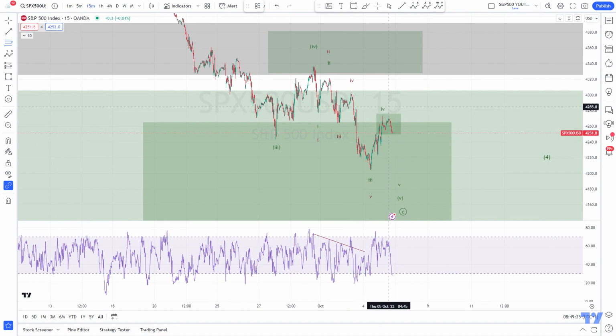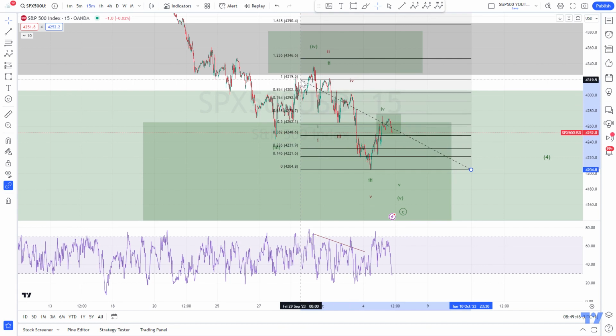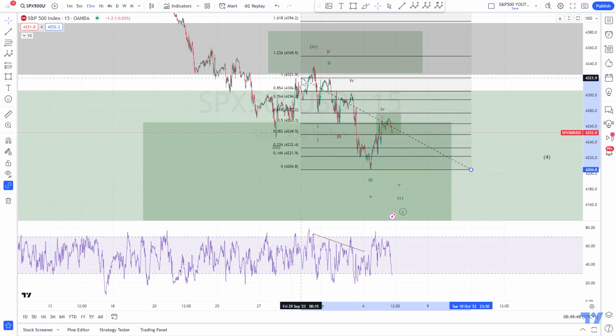There is some reaction here, like if this is, I'm sorry, this is the length of the wave 3, then our wave 4 is situated here in the area between the 0.382 and the 0.618 FIB retracement.